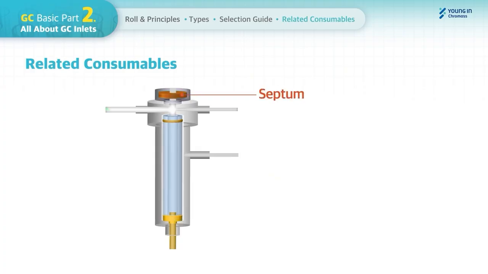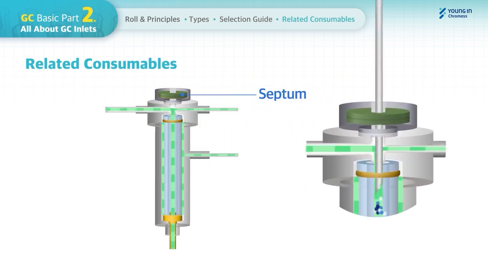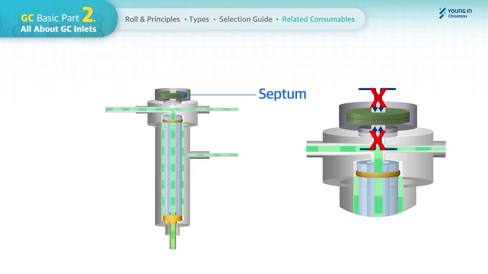A septum is a thin piece of silicone rubber or similar material located at the top of the GC inlet. A septum provides a complete sealing between the sample injection and carrier gas flow and prevents contamination of the inlet from outside.